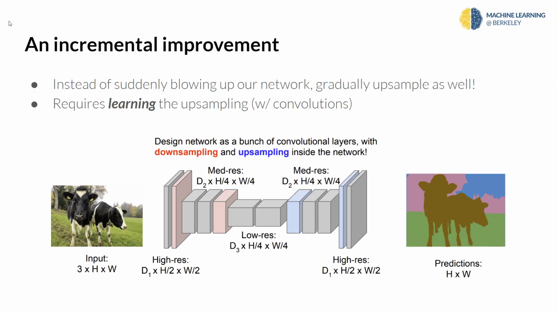Yeah. Cool. Okay. So now that we have this deconvolution concept, we can use it to upsample. And in fact, we can upsample over a variety of different steps. In this architecture, we'll start off by running a bunch of convolutions over the network to downsample the original image into some sort of feature maps.